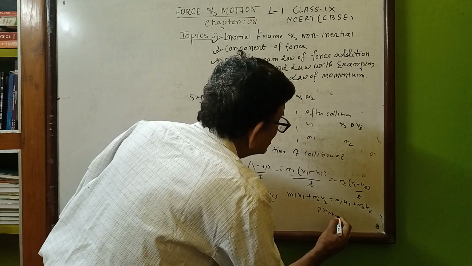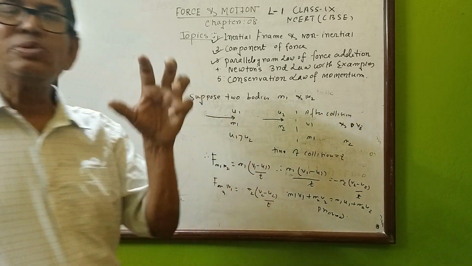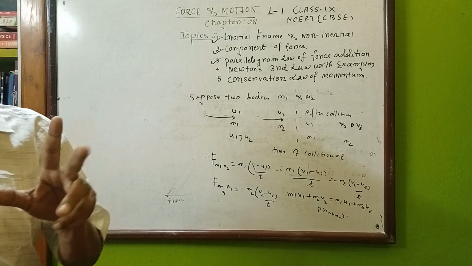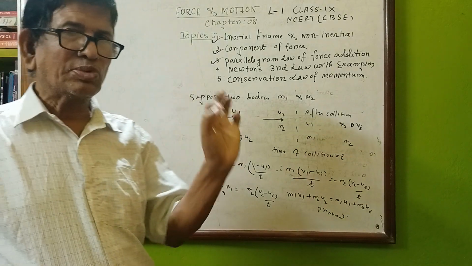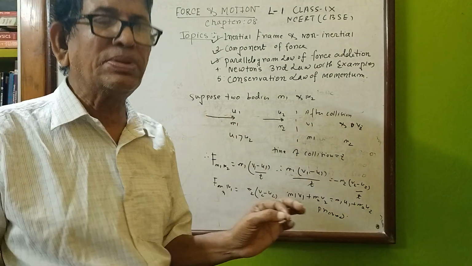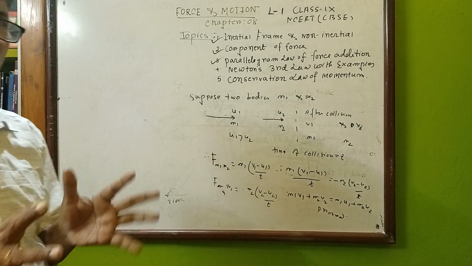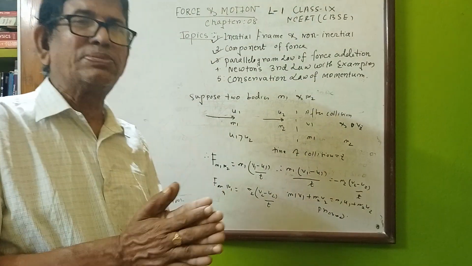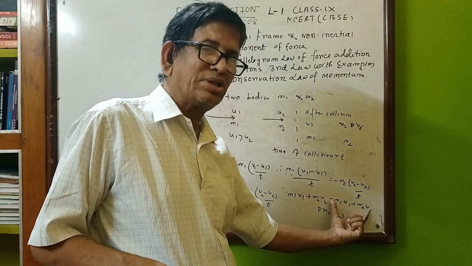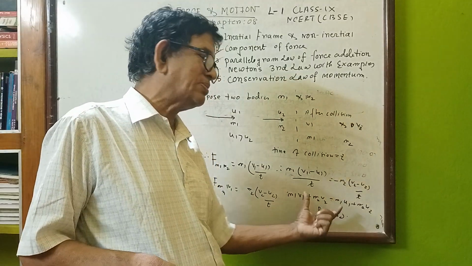So from Newton's third law, the conservation law of momentum is proved. It means if no external force is acting on any system, and only internal interaction is taking place, the conservation law of momentum is valid. Conservation law of momentum means before interaction and after interaction the total momentum will be conserved, momentum will not change. That means the initial momentum of the two bodies before collision and the final momentum of the two bodies after collision remain the same.